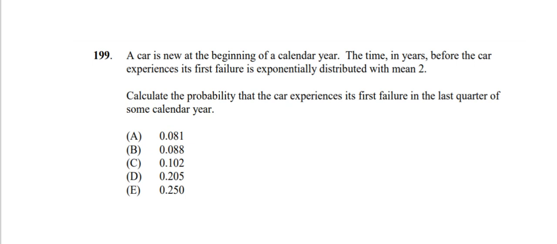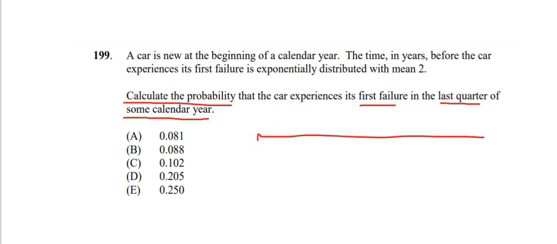So this problem is we want to calculate the probability that the car experiences the first failure in the last quarter of some calendar year. So this is like times from the beginning to the end of 1 year, and 2 years, and 30 years, just like that.